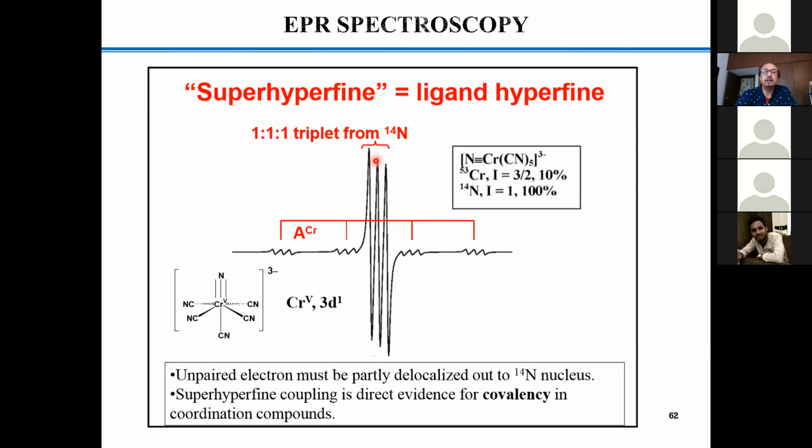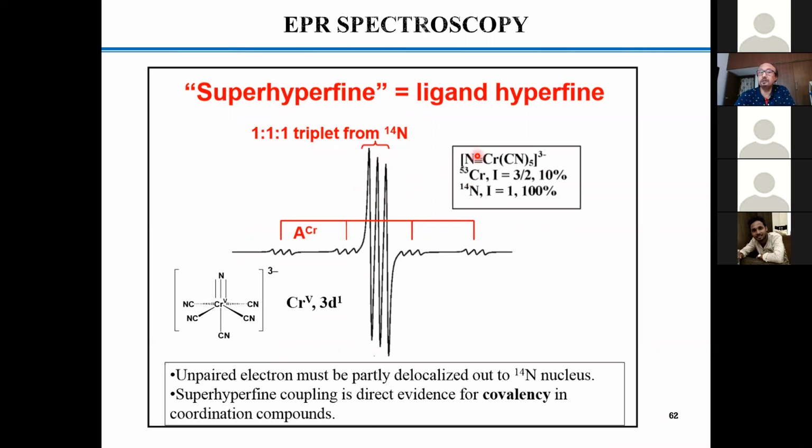Anyway, now what happens? These 3 lines you are getting because of these interactions, but it shows another 4 smaller lines, and each of the 4 lines gets split into 3 lines. What is happening over here? There is one isotope of chromium, the original isotope, I think chromium 52, I forgot, that does not have any I value.